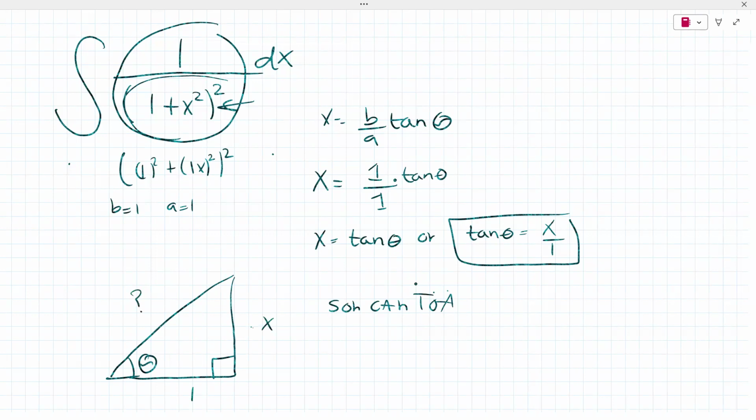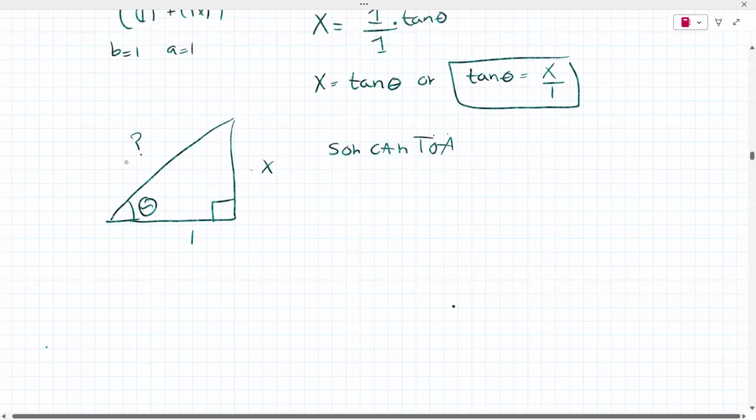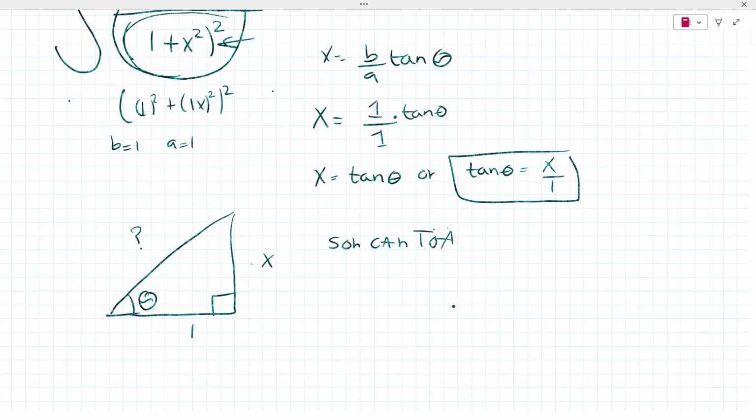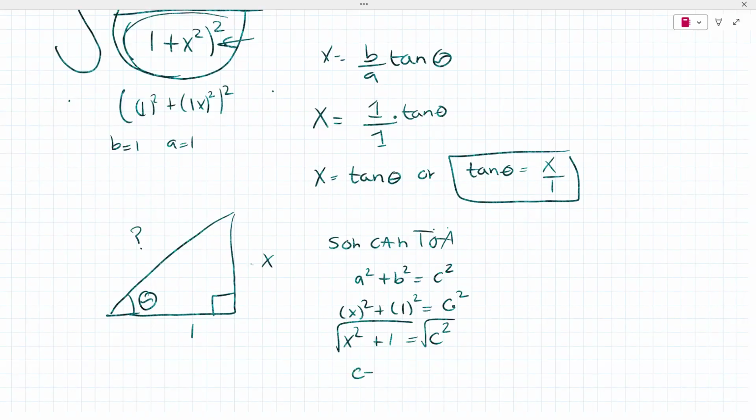I have to find this missing hypotenuse by applying the Pythagorean theorem. A is x, B is 1 squared. So this is x squared plus 1, c squared. Then solve for c by taking the square root. So c is the square root of x squared plus 1. So this missing hypotenuse is the square root of x squared plus 1.